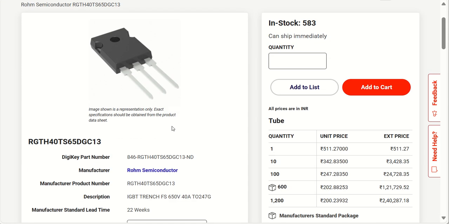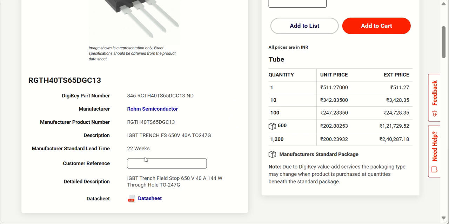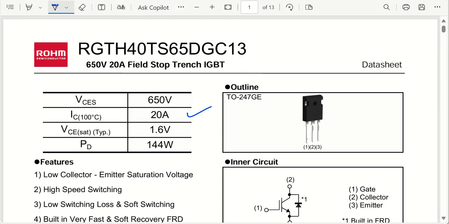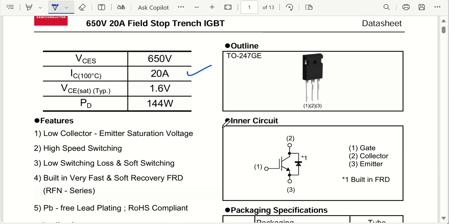I have opened one of the IGBTs which is from Rohm Semiconductor. Rohm Semiconductor is also one of the good companies for IGBTs. So it is a trench IGBT, 650 volt, 40 ampere rating, with TO247 package. If I open the data sheet, as you can see, this is the data sheet of this, and they are explaining what my voltage drop across collector to emitter is, then the saturation voltage across that.